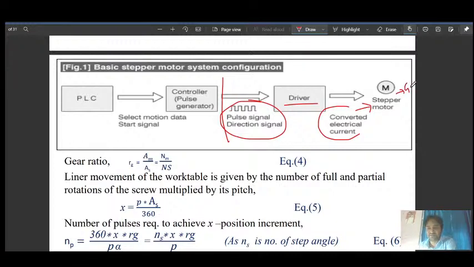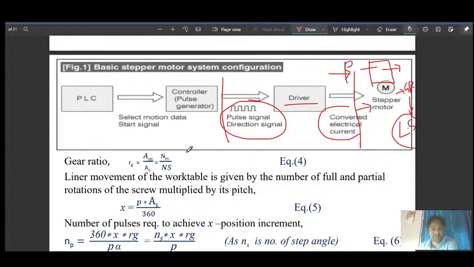Gear reduction, and after gear reduction it goes to the lead screw, LS. So you need to understand: first a pulse is supplied, one step, then the motor runs based on the pulse, and then due to gear reduction we get lead screw movement.